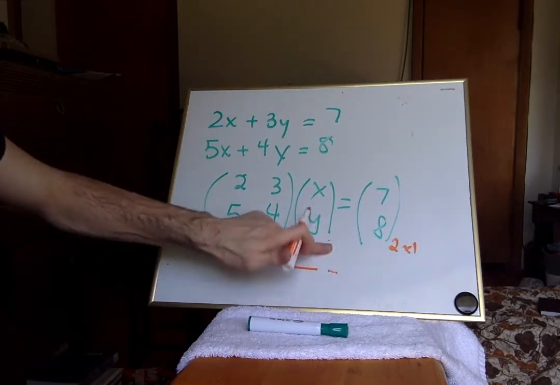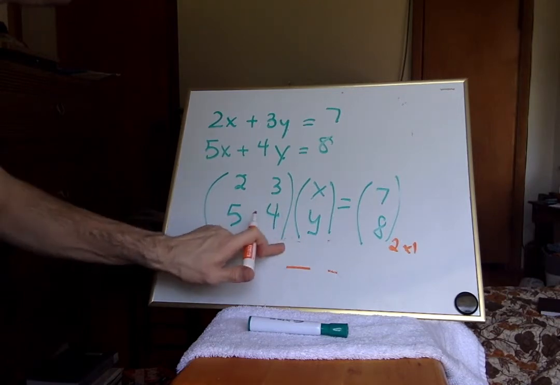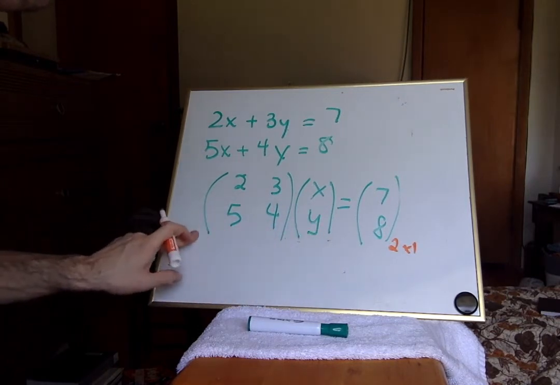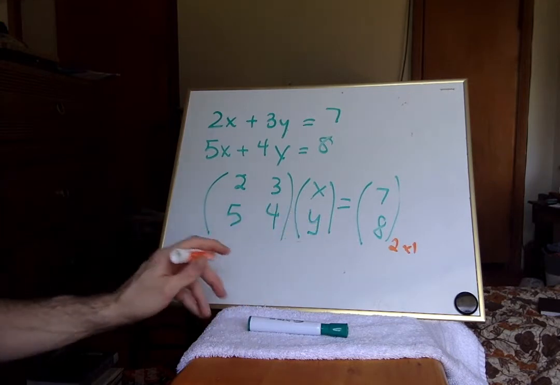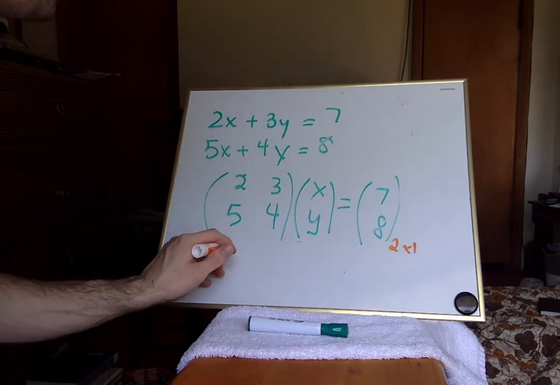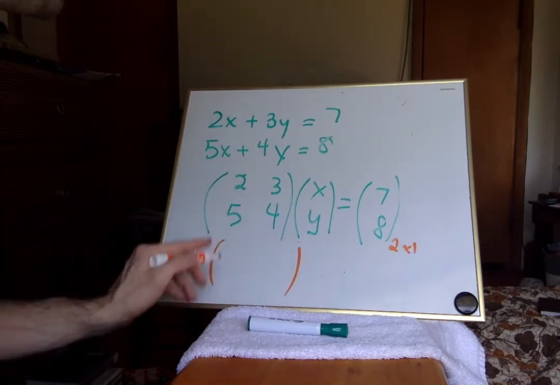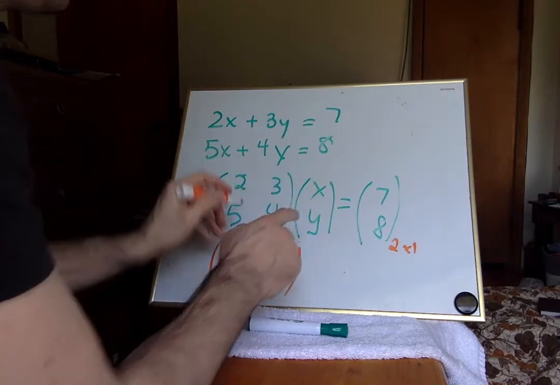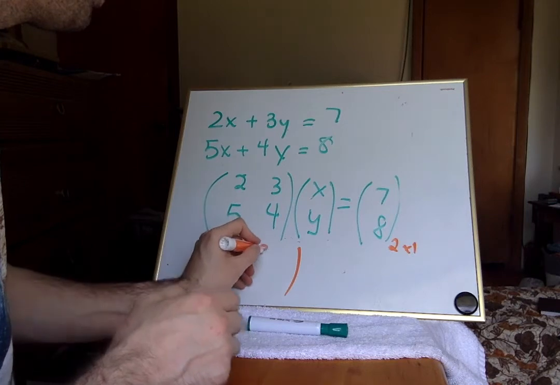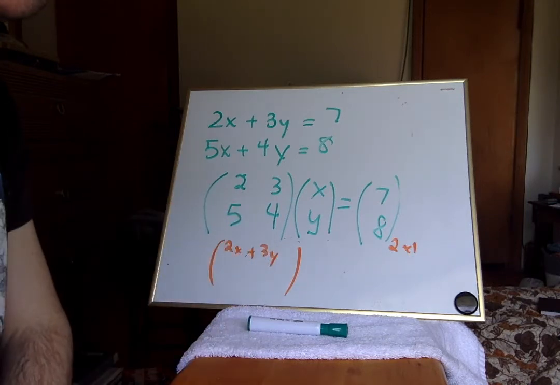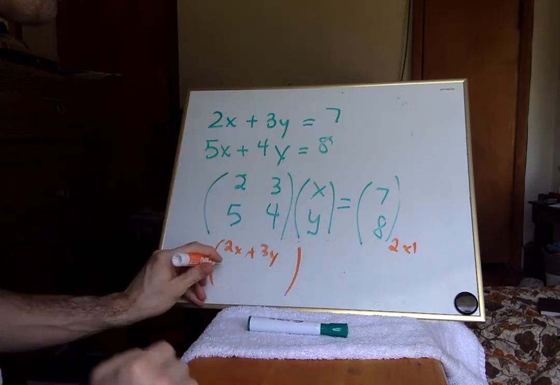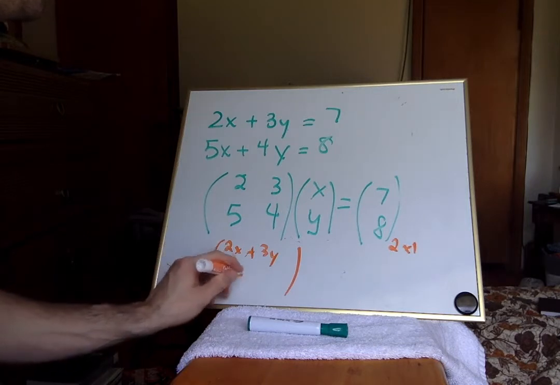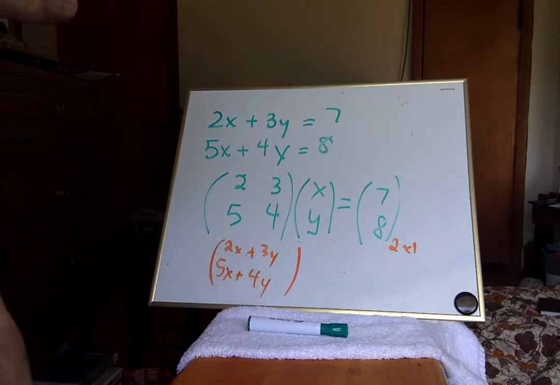So if I just look at the left side, if I multiply those, I should get the following matrix. I should get 2 times x, plus 3 times y, and 5 times x, plus 4 times y.